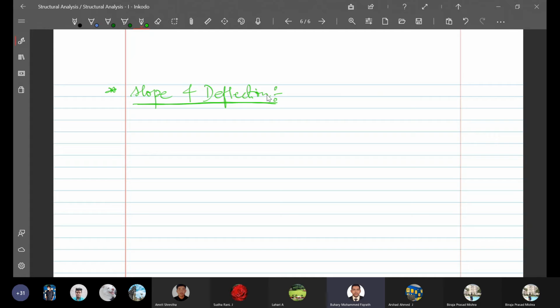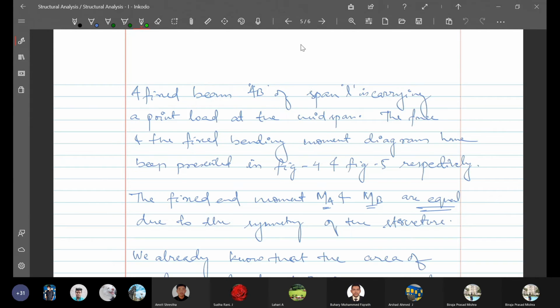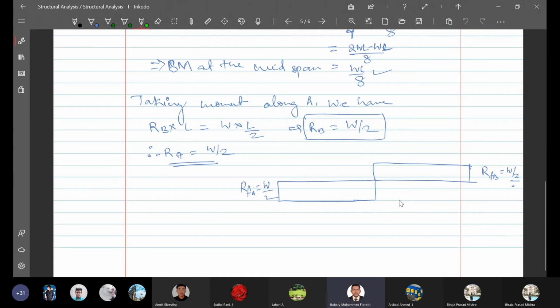Sir, excuse me, you have drawn the shear force diagram. Which one is the plus part and which one is the minus part?